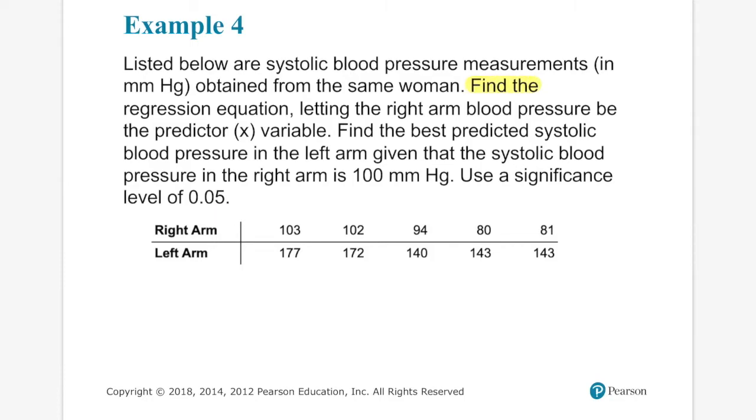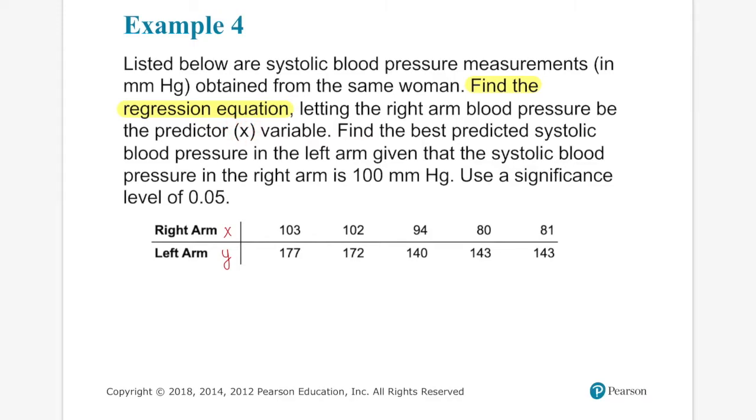The question asked me to find the regression equation, which is the y hat equation. I need to identify my x and my y variable. In this case, they gave it to you. They say, use the right arm blood pressure as the x variable, which means the left arm is the y.